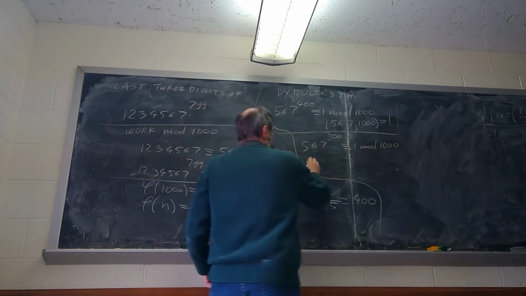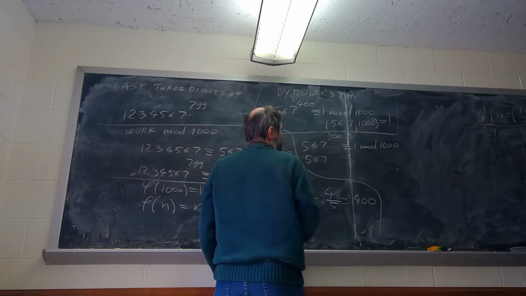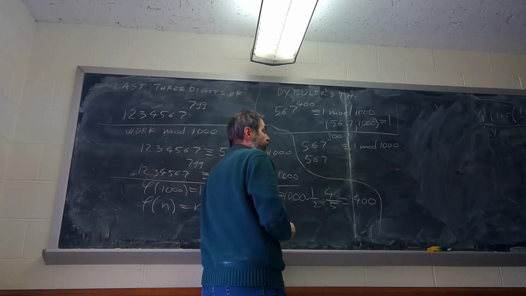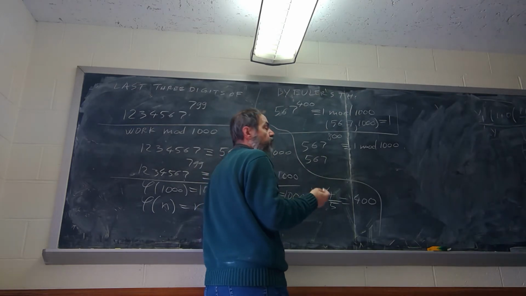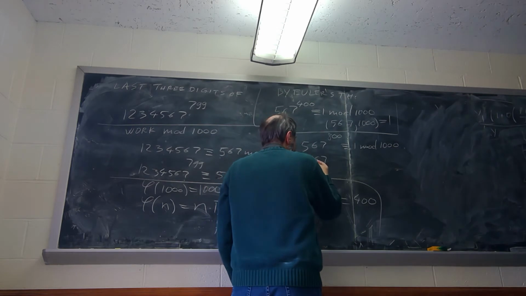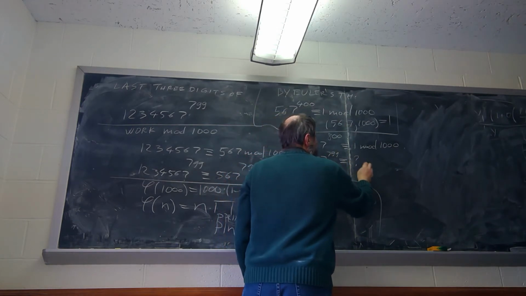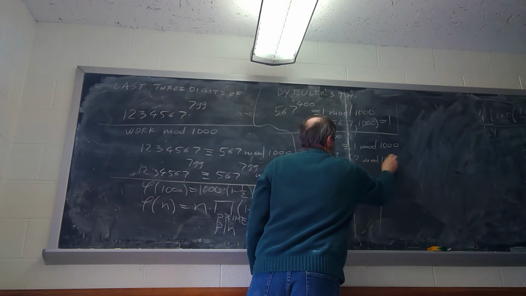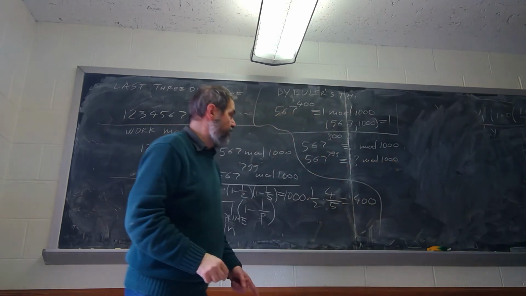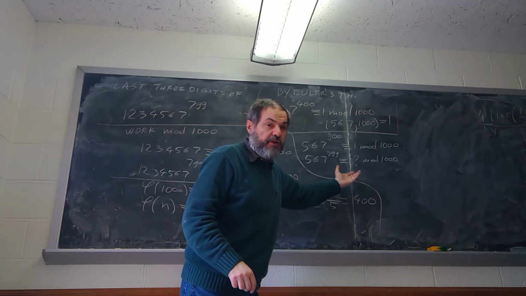But 567 to the 799 is congruent to question mark mod 1000, a number. It's such a number that I want to find.